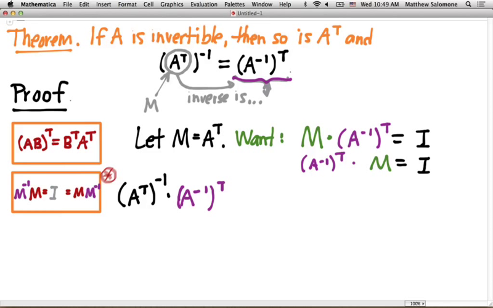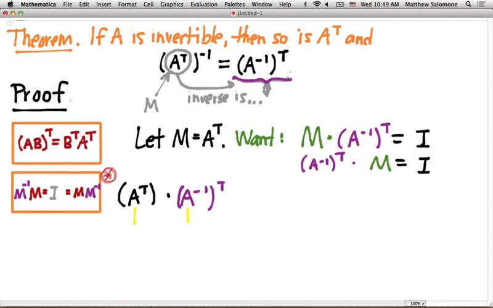Well, we need some way of getting our A and our A inverse together. That's the only way we're going to make any of this any simpler. So M is A transpose, and we want to be able to somehow get A and A inverse together. But take a look at what we're looking at here.